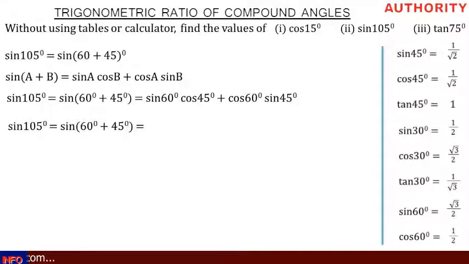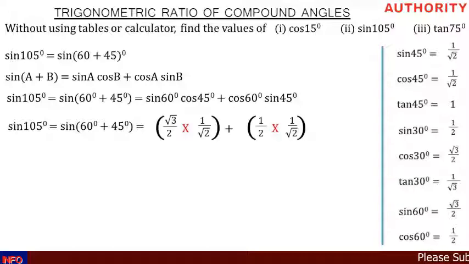Now let's fix it properly. The value for sine 60 is root 3 all over 2, times the value for cos 45 degrees, which is 1 all over root 2. Let's place these two terms in a bracket. Then we have plus.